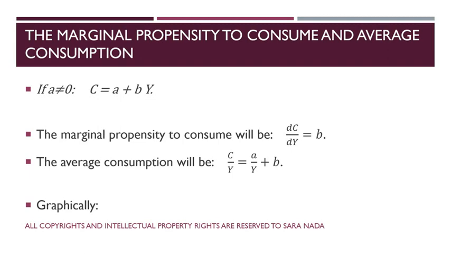Graphically, what does this mean? Let's draw the graph and see if it is the same as the previous graph that we drew. Again, we draw the x-axis and the y-axis.